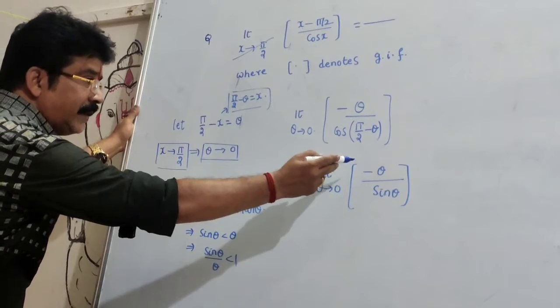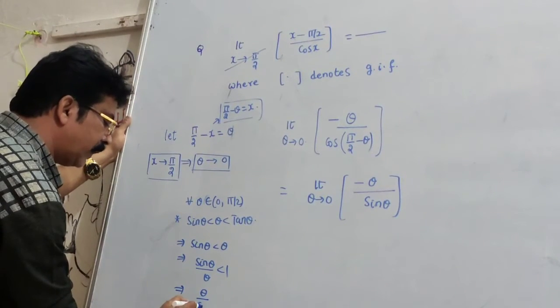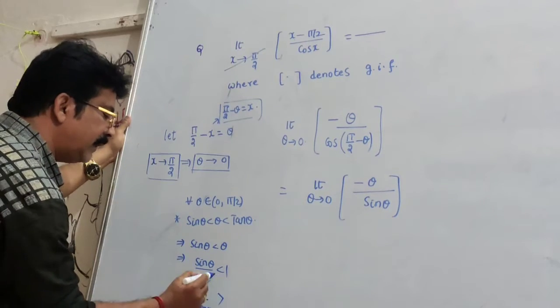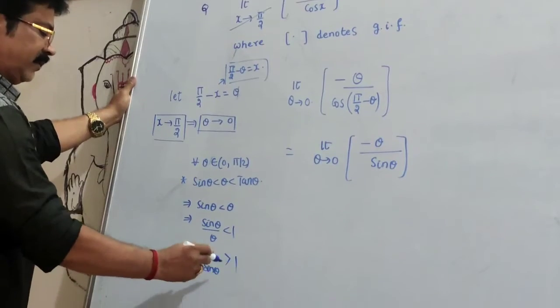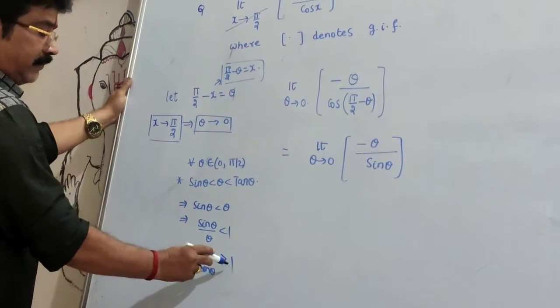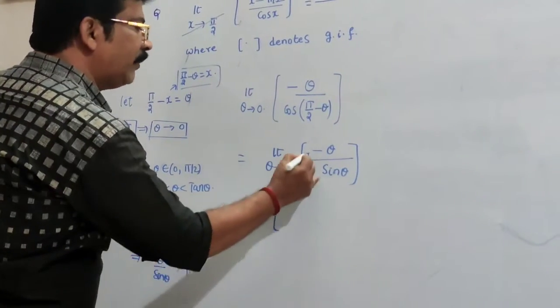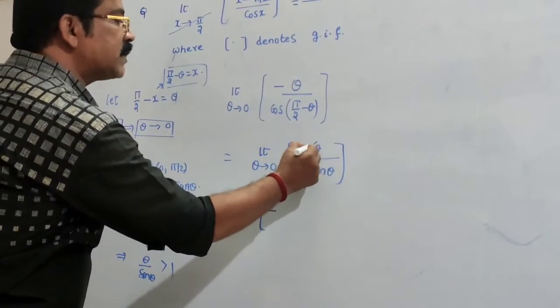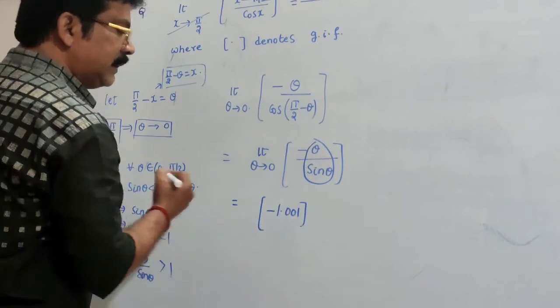But we have theta by sin theta, so let us take its reciprocal. Reciprocal means it will take the reverse direction, so it is greater than 1 by 1, meaning 1. So greater than 1 means just greater than 1, as I already said. So box of minus just greater than 1 means 1.001, just like that.